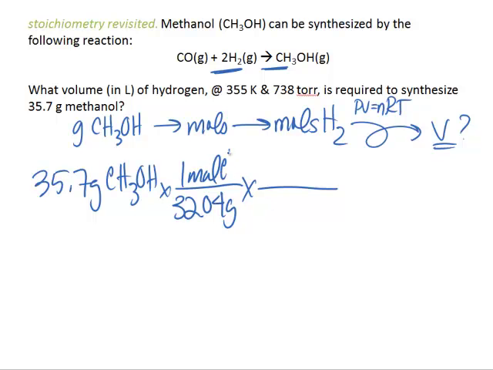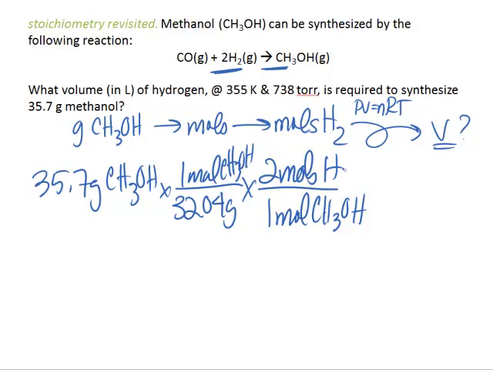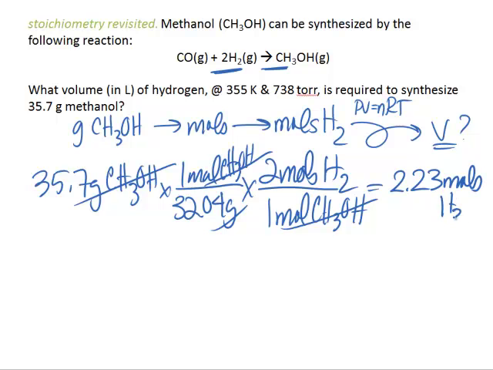So this is moles of methanol, 1 mole of methanol, 2 moles of hydrogen. Moles of methanol cancel out. Grams of methanol cancel out. That's going to give us 2.23 moles of hydrogen.